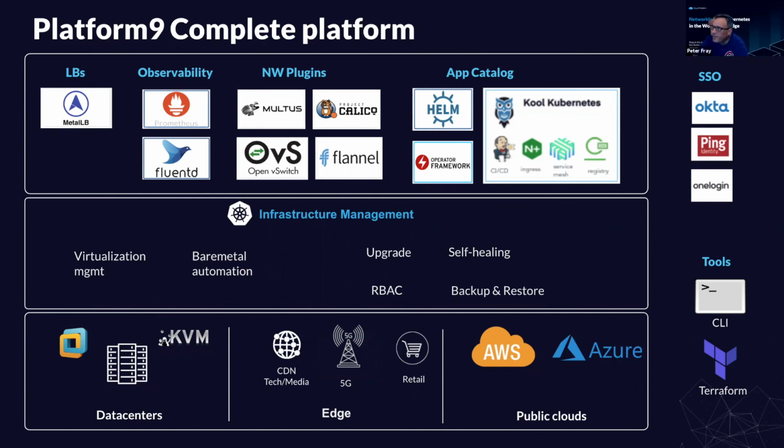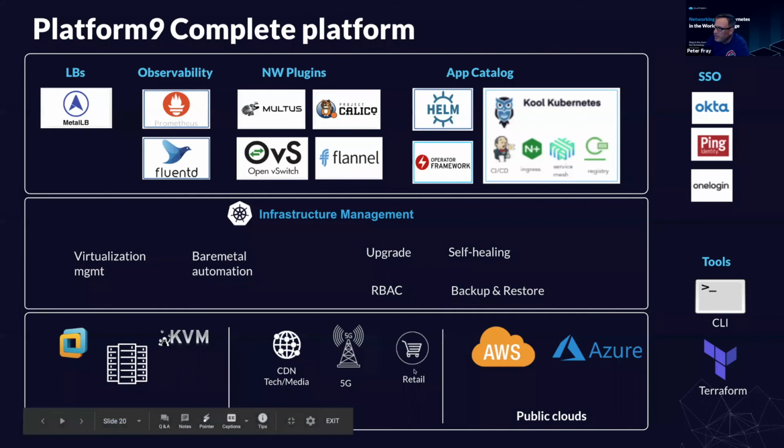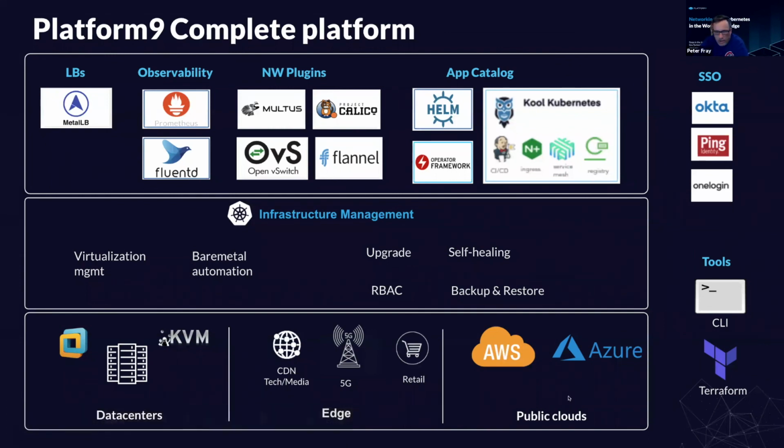Yeah, I was just going to jump in. If I were to sum this slide up, Platform 9 offers a solution that will allow you to deploy Kubernetes clusters where you're running your workloads, whether they're in the data center, at the edge, or in public clouds. It automates the deployment of that Kubernetes cluster. If you're deploying a 5G kind of workload, we have that networking operator that will allow you to deploy Multus and OVS and Flannel and DPDK and SR-IOV at your choice.